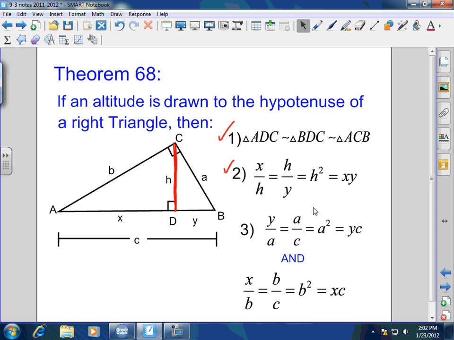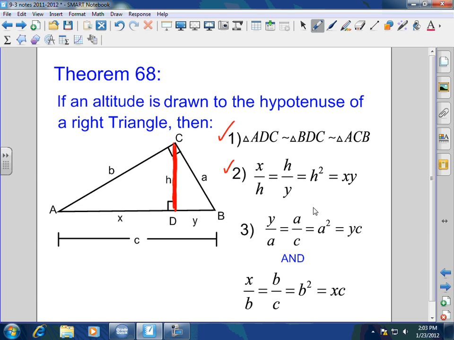Okay, so now we know that since I have an altitude coming from a right triangle, all three triangles are going to be similar. I know that since h is the shared side here, x to h will equal h to y. H is the mean. And then, when CD is not the shared side, I have y to a is equal to a to c.